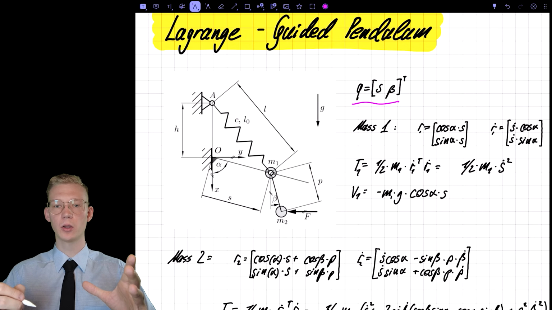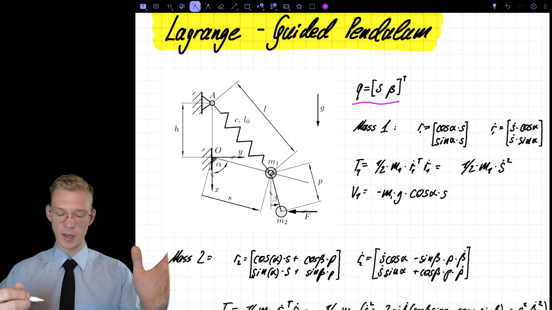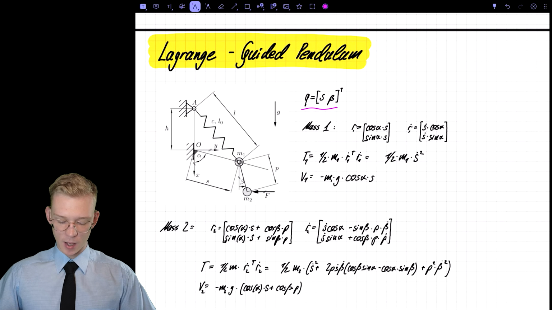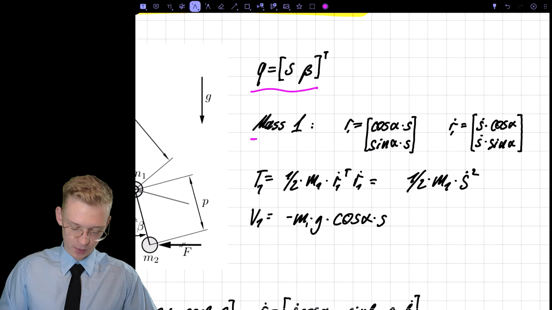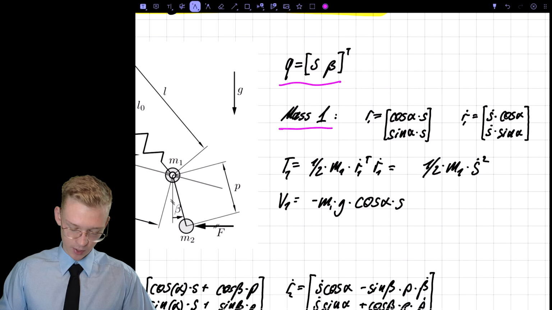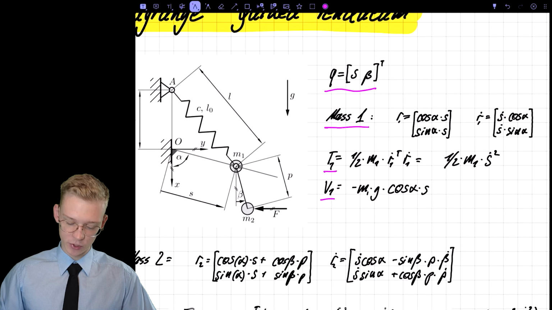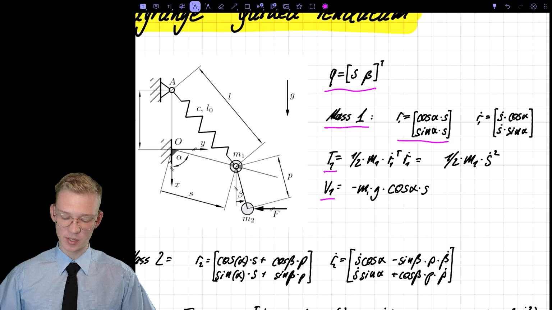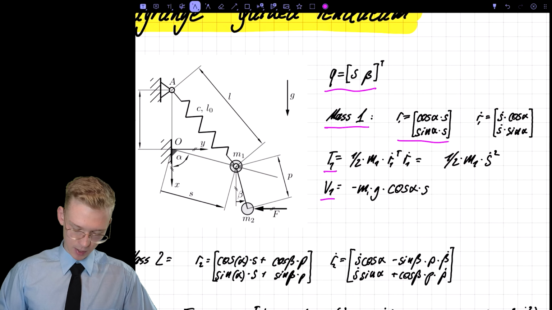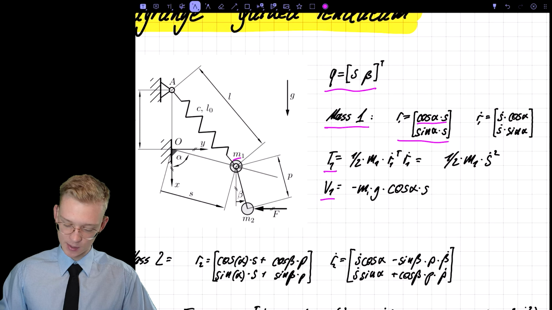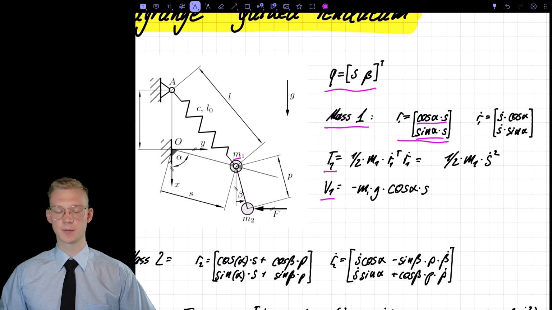Now we just have to follow our simple recipe to get the equations of motion. First, we look at mass 1. So our goal is to get the kinetic energy and the potential. To get the kinetic energy, we first have to get the position of mass 1. So if you look at mass 1, we have cosine alpha times s and sine alpha times s.